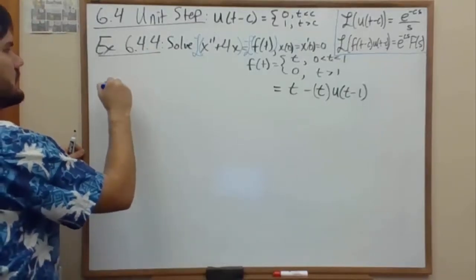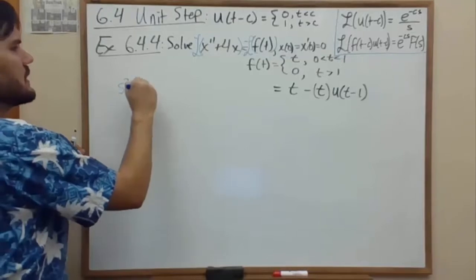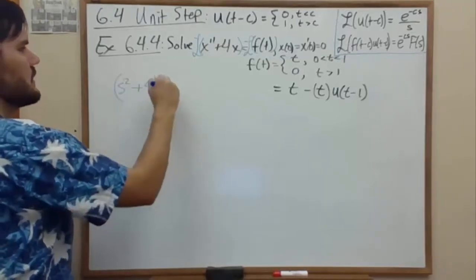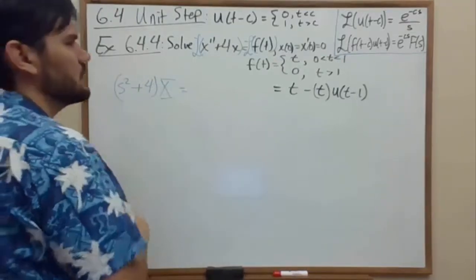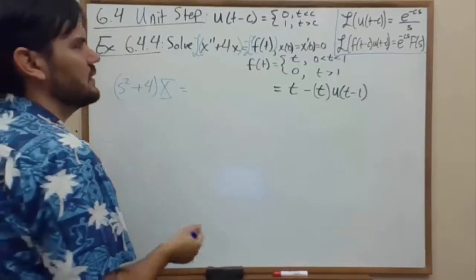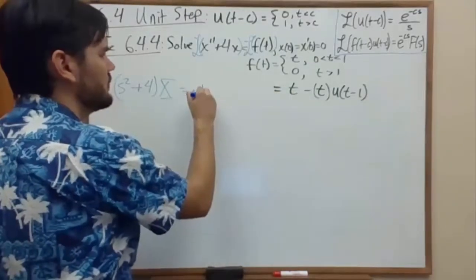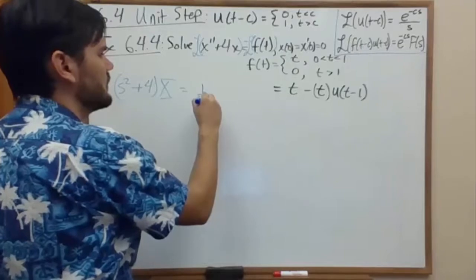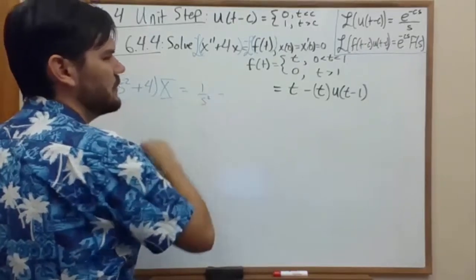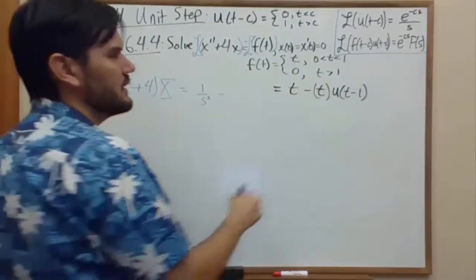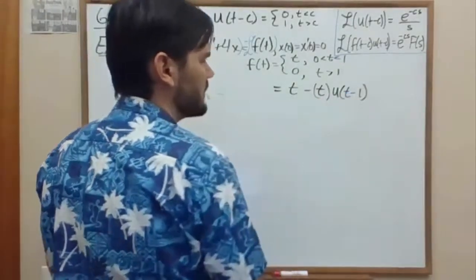So we get s squared plus 4 times our capital X is equal to the transform of t, 1 over s squared, minus the transform of t times u of t minus 1.